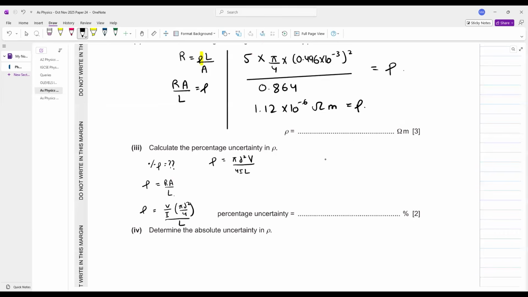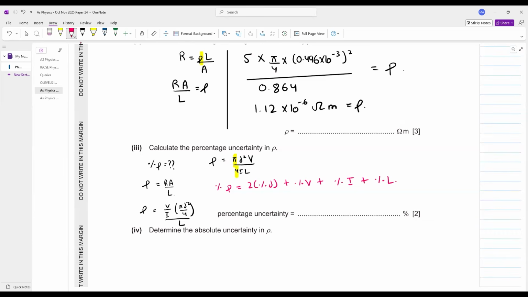Now if you realize, pi and 4 are constant, बेटा pi और 4 constant है, so percentage uncertainty in resistivity will be equal to what? 2 times the percentage uncertainty of D plus the percentage uncertainty in voltage plus the percentage uncertainty in current plus the percentage uncertainty in length.